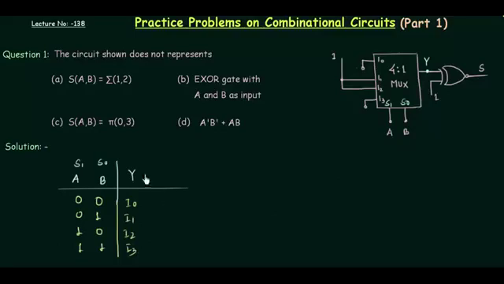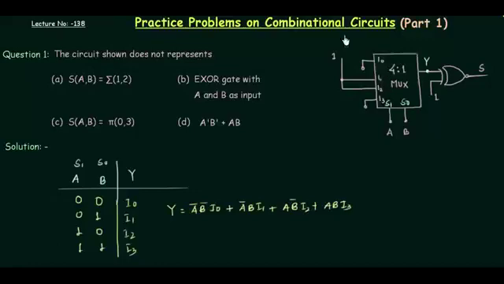Now we have to find out the Boolean expression for Y. So Y is equal to A complement B complement I0 from the first combination, or A complement B I1 from the second combination, or A B complement I2, or A B I3.